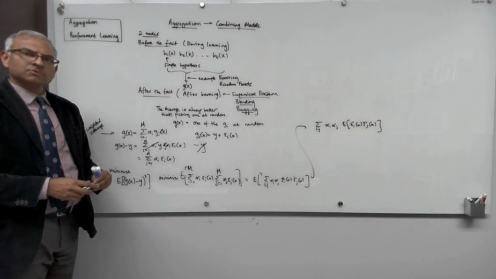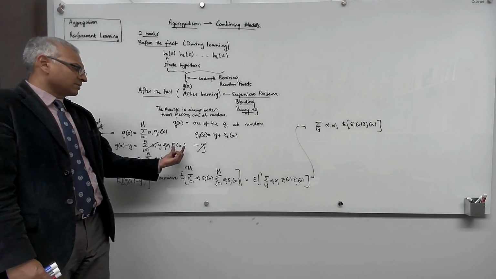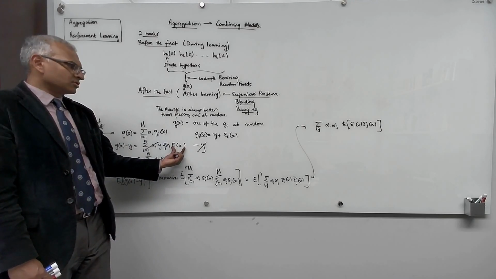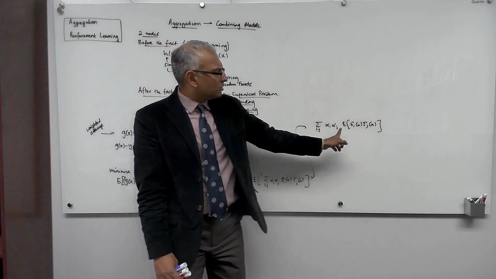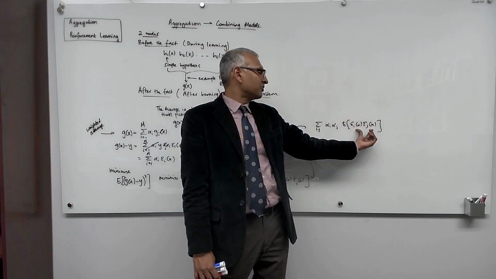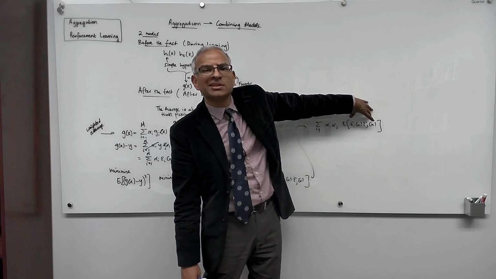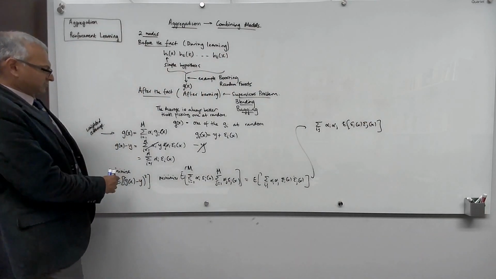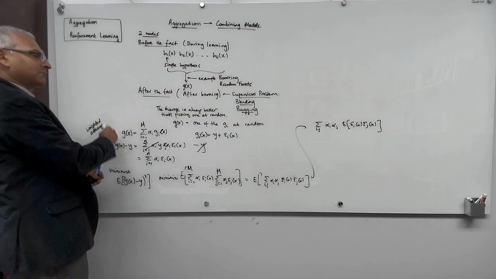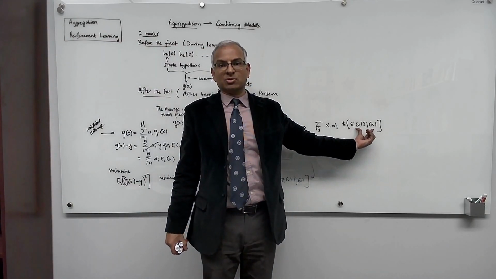Okay, so what it turns out is that I don't need to know the actual behavior of the errors. I only need to know the expected value of the products between two different errors. So these are basically what we call the correlations between the individual hypotheses, which I've now erased. So you have g_1 up to g_M. These are the correlations between the errors of the individual hypotheses.